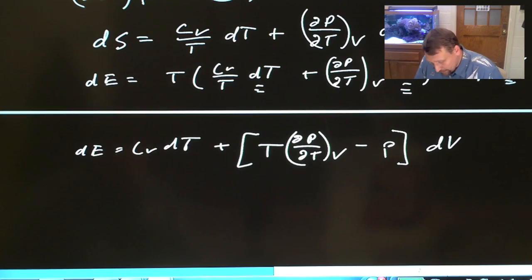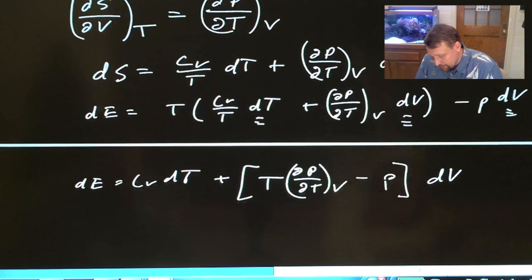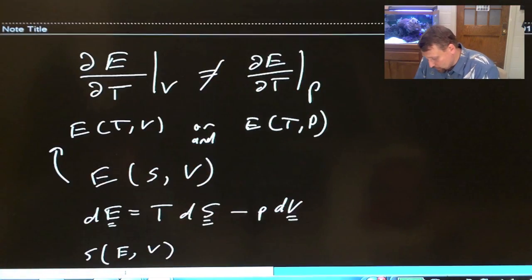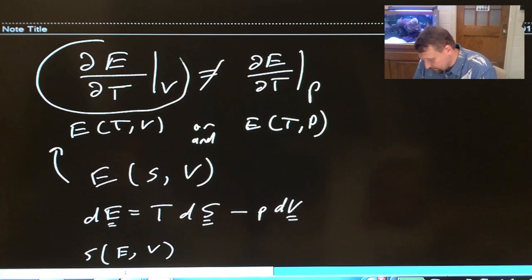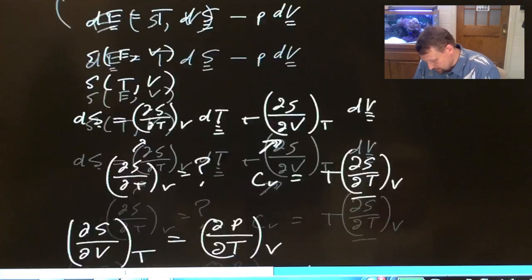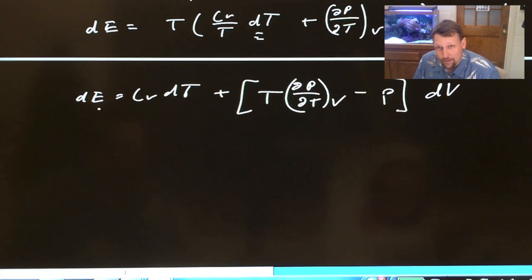Well, what we want to show in the end, if I might remind you, is what (∂E/∂T) at constant V is. So what we can do is take the derivative of this function, hold V constant, and see what it equals. That's very straightforward.